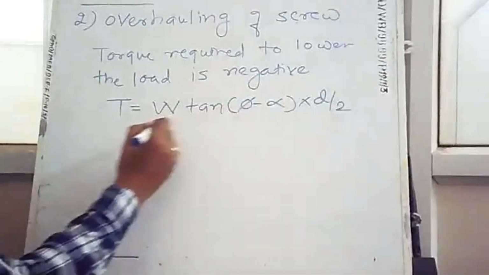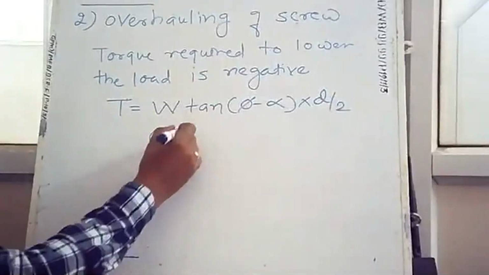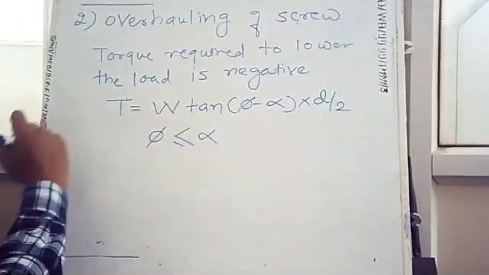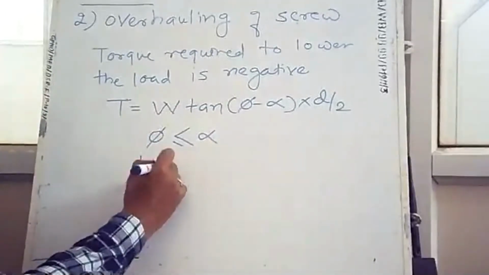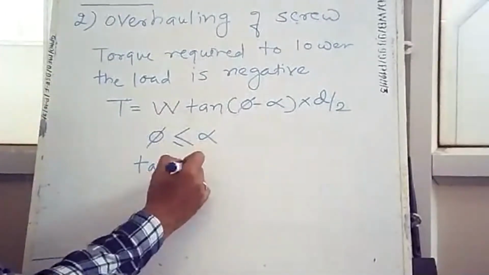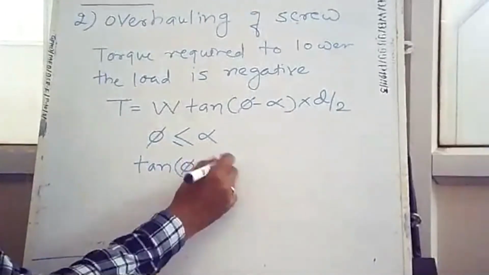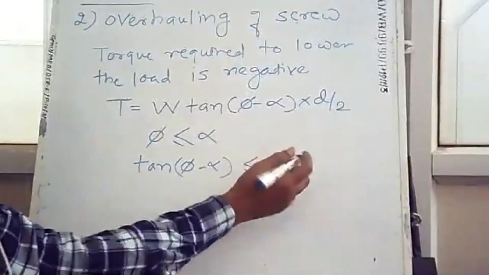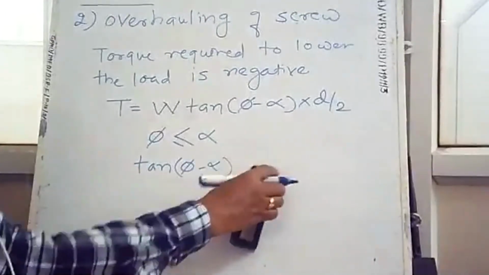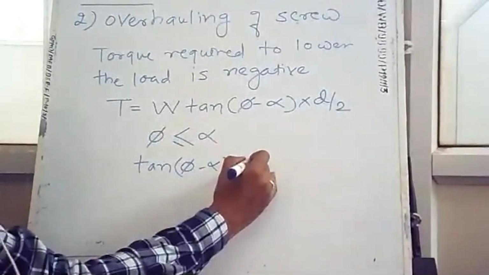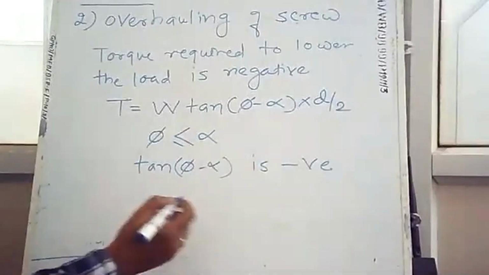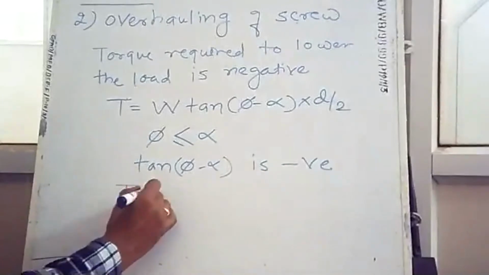In this condition, phi is less than or equal to alpha. Obviously, tan of phi minus alpha is less than or equal to 0, that is, it is negative. If it is negative, then obviously the torque is negative.